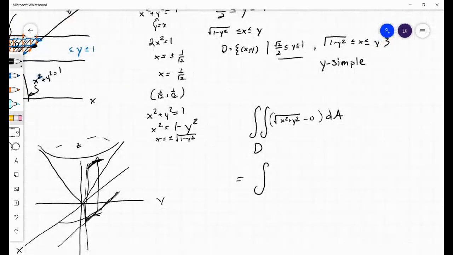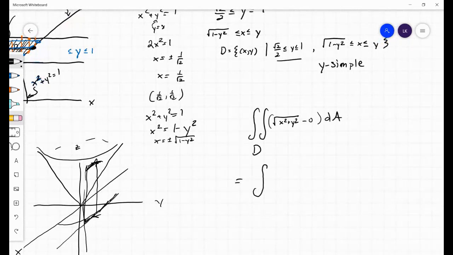And now that we found that our region of integration in the xy plane is y simple, we know that we would be integrating with respect to y as y goes from one bound to the other, then integrating with respect to x as x goes from one curve to the other. And this is what we're integrating.